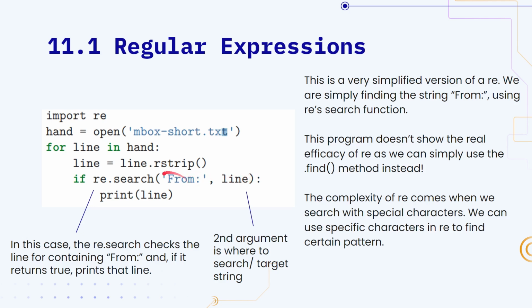If this phrase does exist, then it'll return true and then print this line. Right now, this doesn't show the complexity of regular expressions, as we can simply use the find method instead. But that will come later when we introduce special characters, which act as kind of operations when searching for text patterns. So let's look at the search function in a text editor.